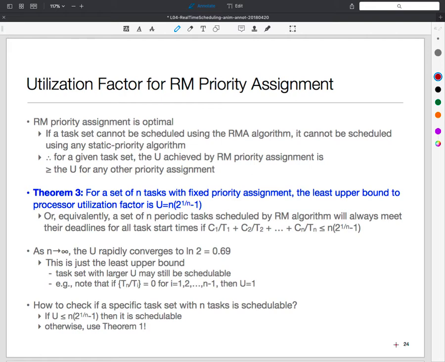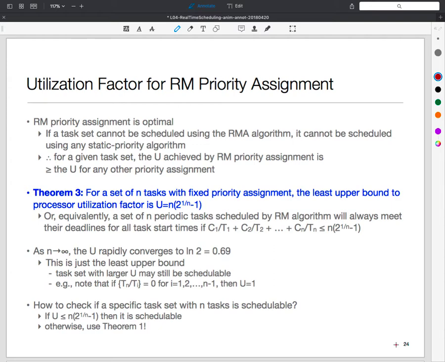Okay, so if I take all possible task sets with n tasks and I look at which ones are schedulable and which ones are not, you will find that those which have utilization less than or equal to this are always schedulable. That is, all task sets of size n below this are schedulable. Above this, some are and some are not.